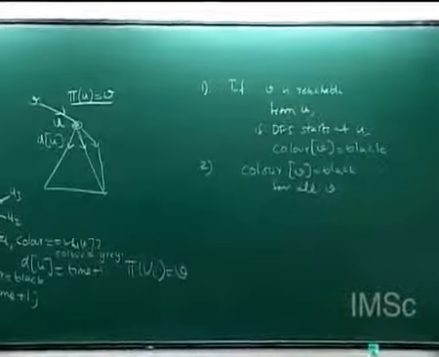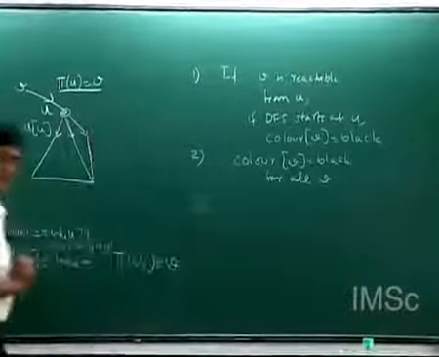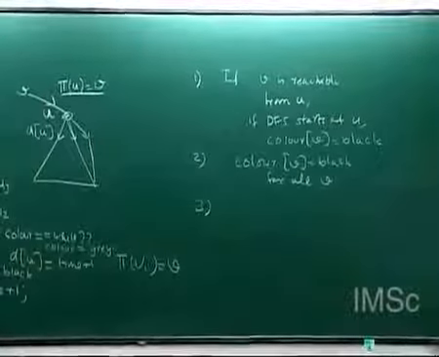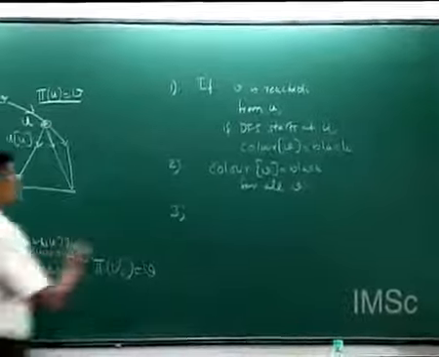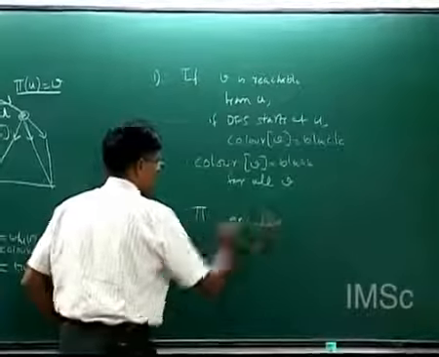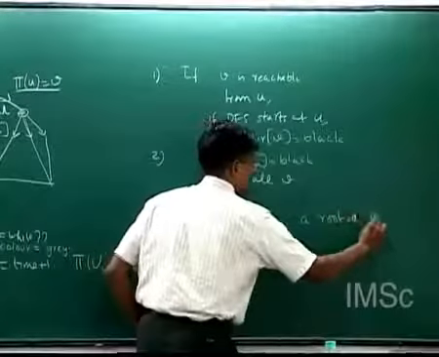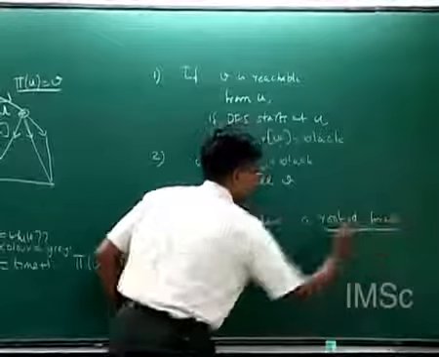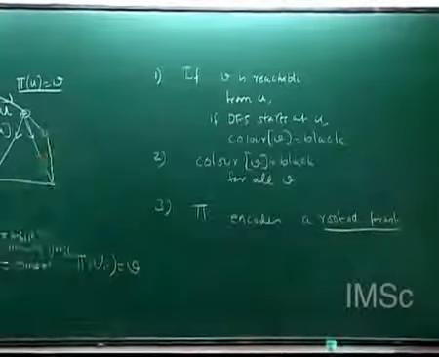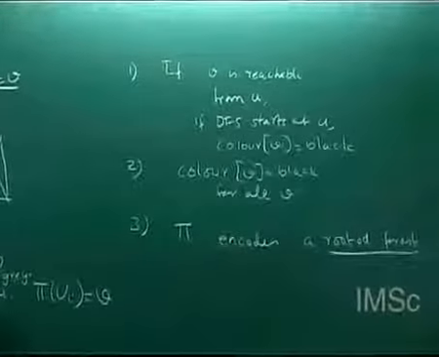The second fact is not so important. It is not useful at all. The third one is more interesting. As you can see, pi encodes a rooted forest. A forest is a collection of trees, and pi encodes a rooted forest.